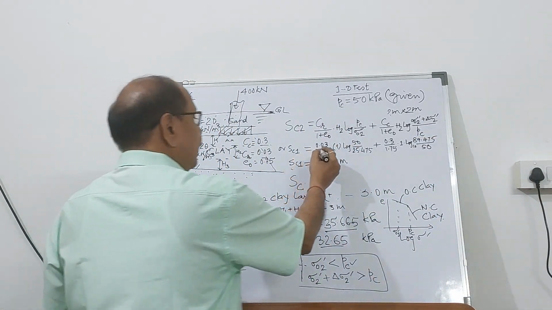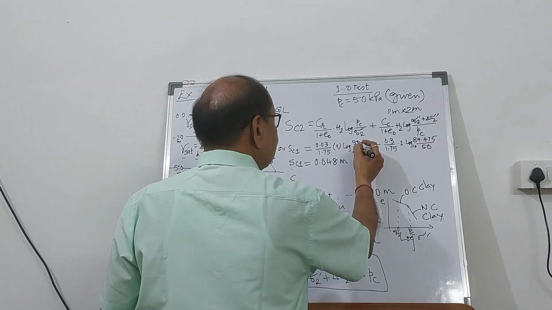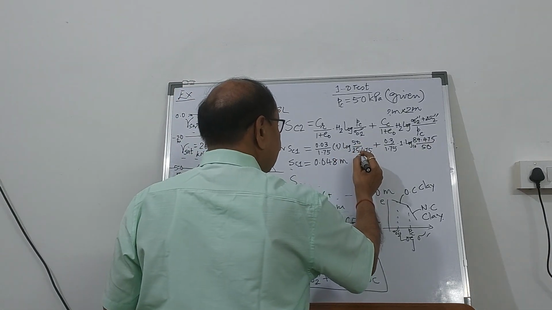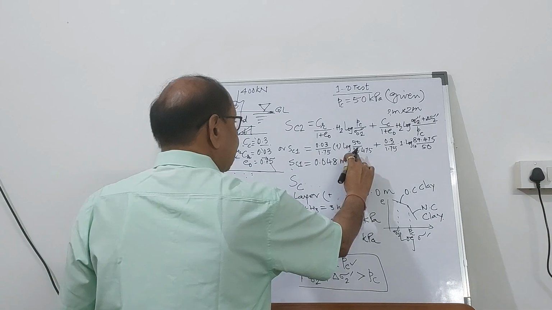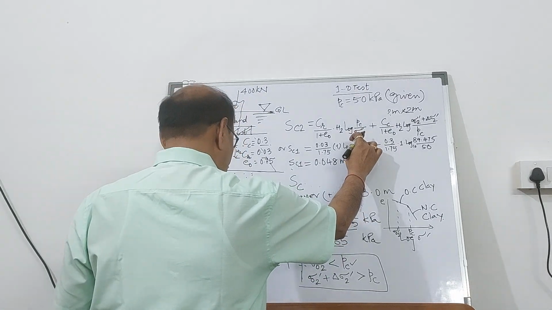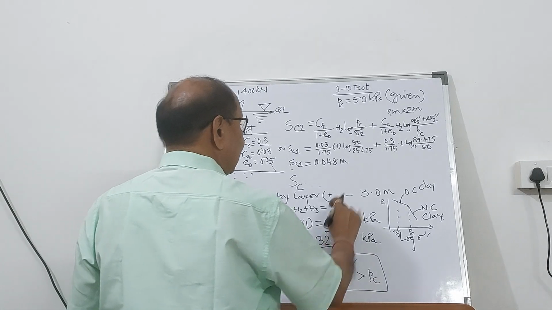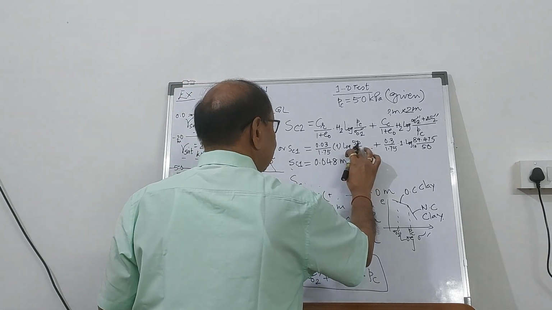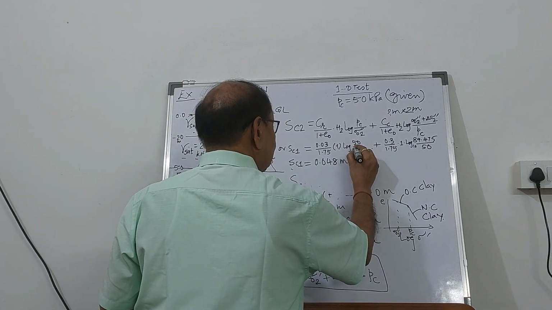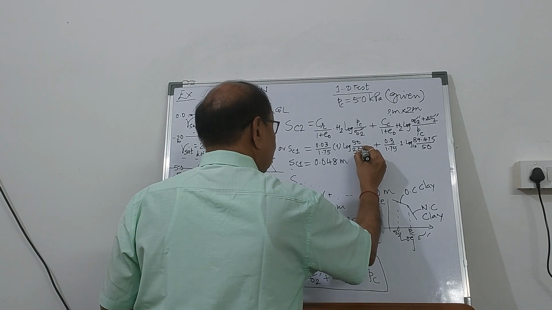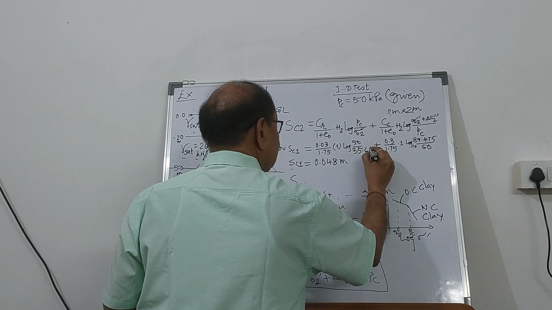PC is okay. But here, the sigma naught 2 prime has been calculated as 35.66.